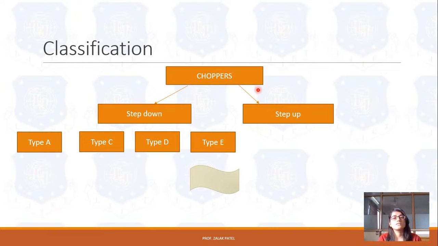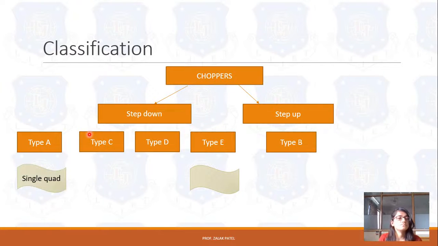This can be asked as a 3 mark or maybe a 1 marker: list the step down choppers. So it is type A, C, D and E. Step up chopper is type B chopper. Step up means type B. Now according to the quadrant of operation we can also classify it. If it is operated in a single quadrant, then it is type A chopper.